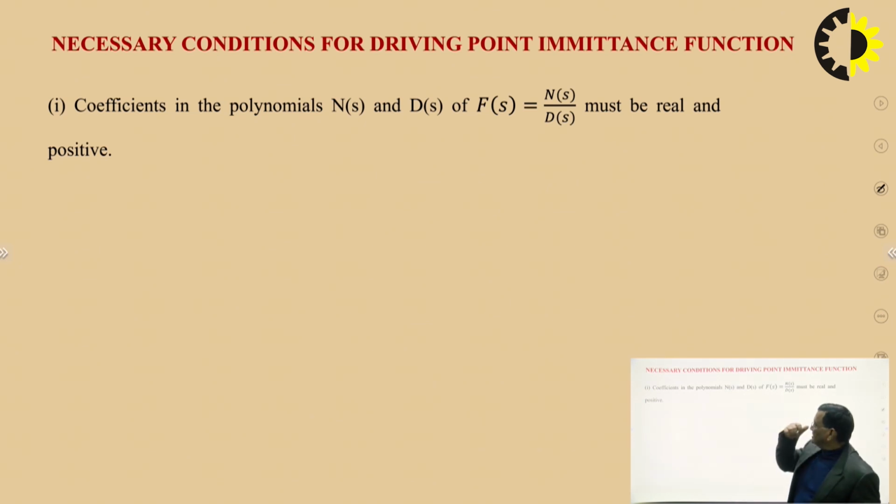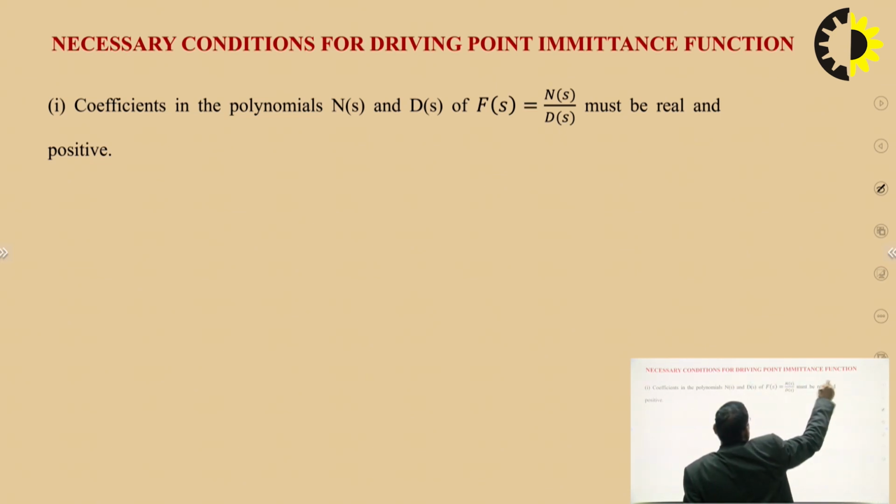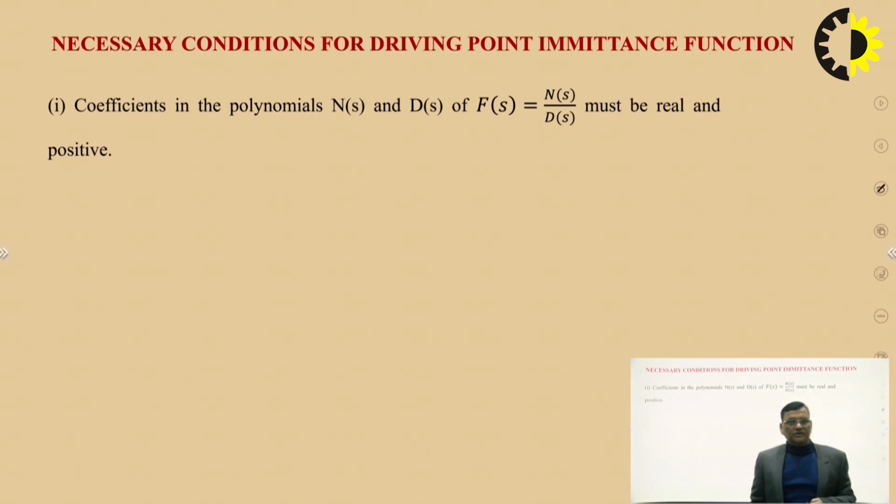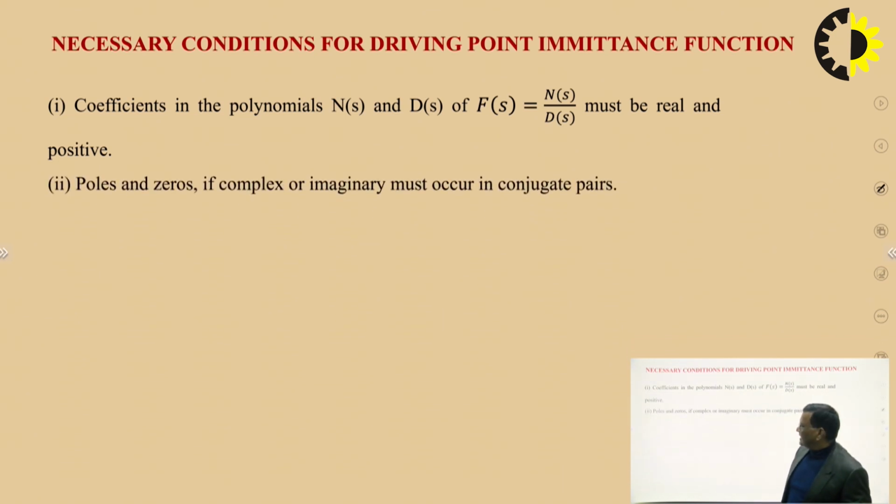If a network function is given, the first condition is that all the coefficients, a0, a1, a2, a3 up to an, b0, b1, b2, b3 up to bm, must be real and positive. Second, poles and zeros, if complex or imaginary, must occur in conjugate pairs.